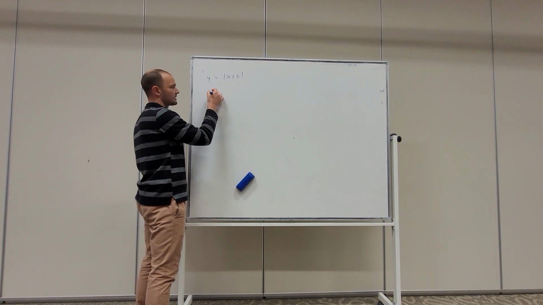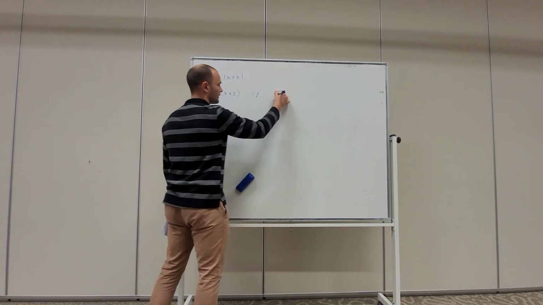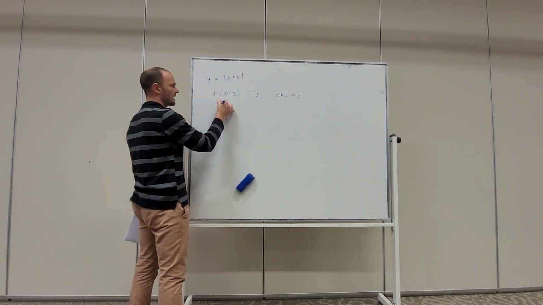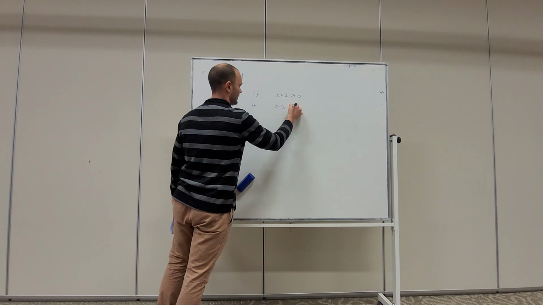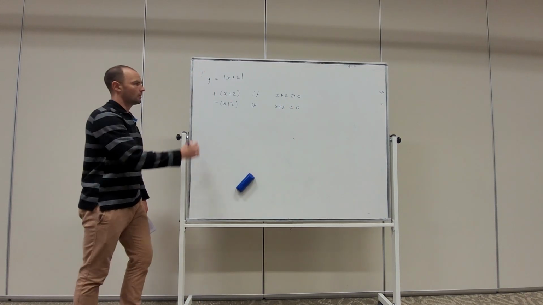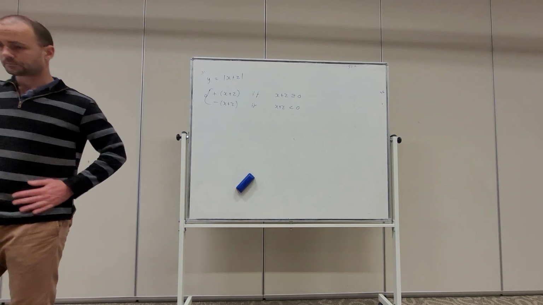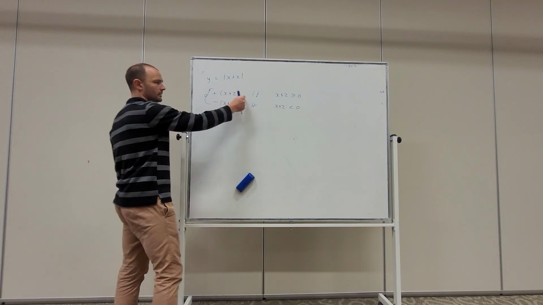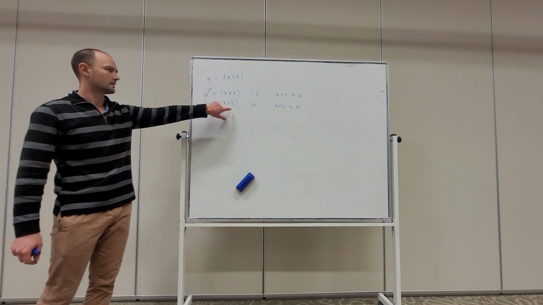It's going to be positive x plus 2 if x plus 2 is positive, and negative x plus 2 if x plus 2 is less than 0. That's the definition that we have for absolute value.